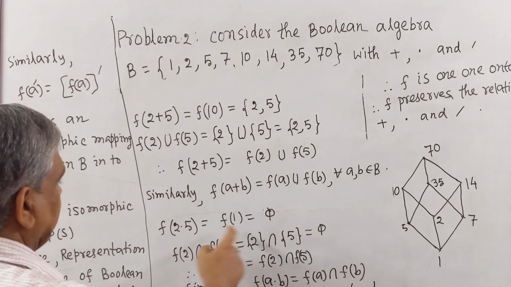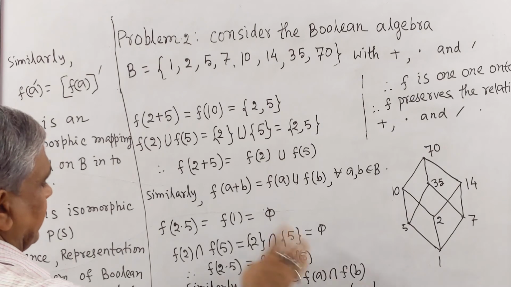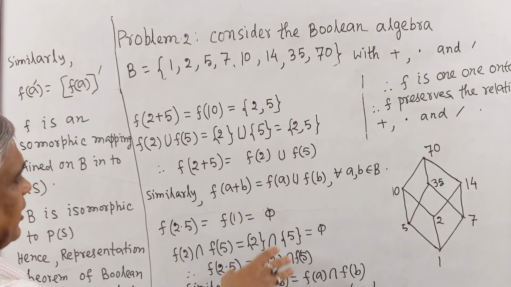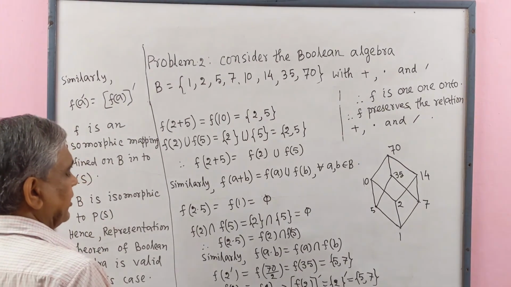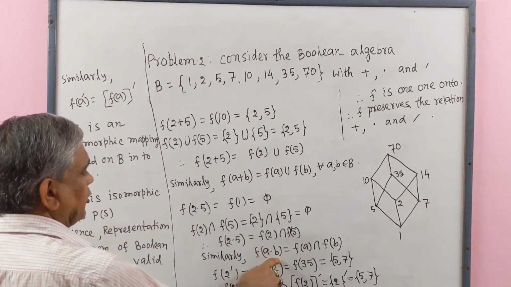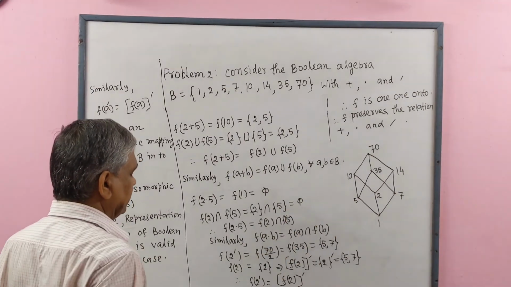Right side equal, therefore left side equal. So F of 2 dot 5 equal to F2 intersect F5. Similarly, taking other elements, we may show that F of A dot B equals FA intersect FB.